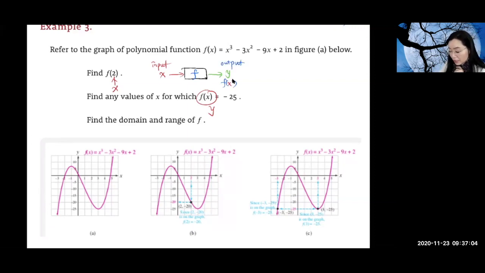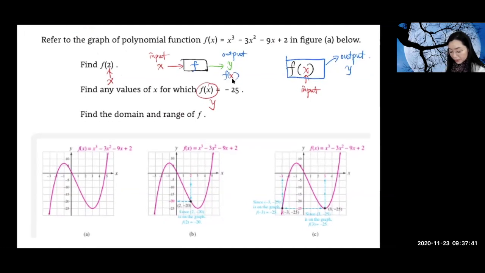So inside this parenthesis over here, that's the input. So remember this: in f of x, x is the input, and f of x is the output. You can think about it as the y, okay? So x over here is 2.